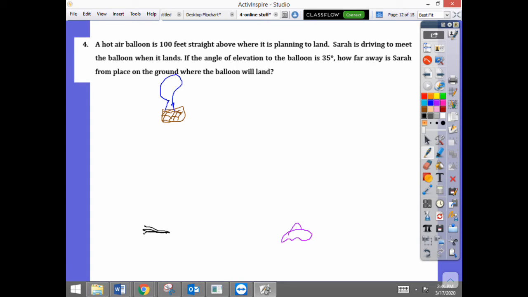So the balloon is 100 feet right above where it's going to land. The angle of elevation is from the car to the balloon. So this angle right here is 35 degrees. We want to know how far Sarah is.